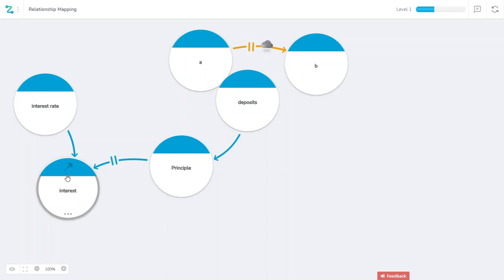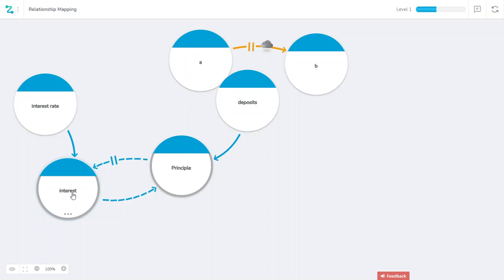And then the interest adds to the principal. So as interest increases, principal increases. As interest decreases, the principal still increases because it's a stock and it doesn't go in multiple directions.